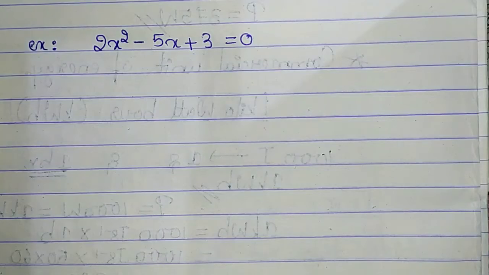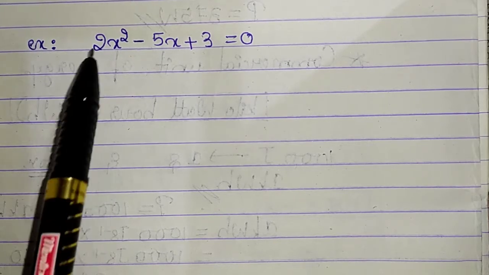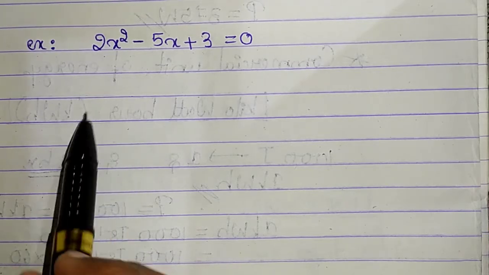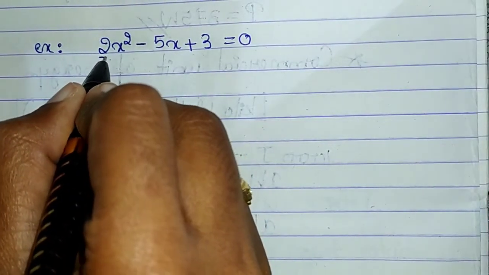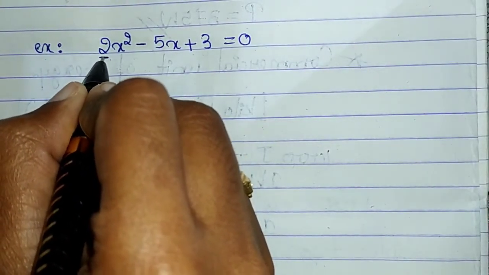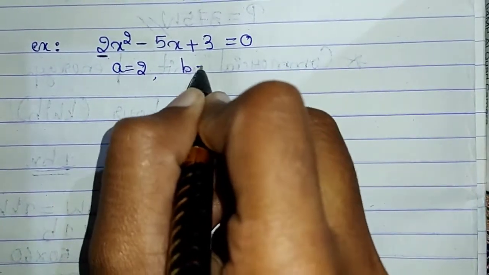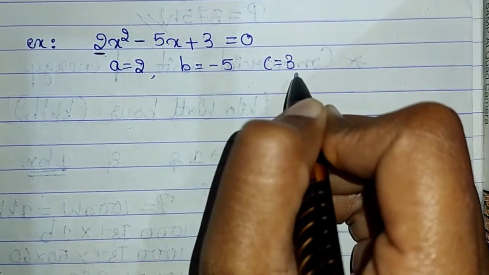Since we are finding the solutions to this equation by the factorization method, which you followed in your previous year's polynomials chapter, first let us identify the coefficients. A is equal to 2, B is equal to minus 5 and C is equal to 3.